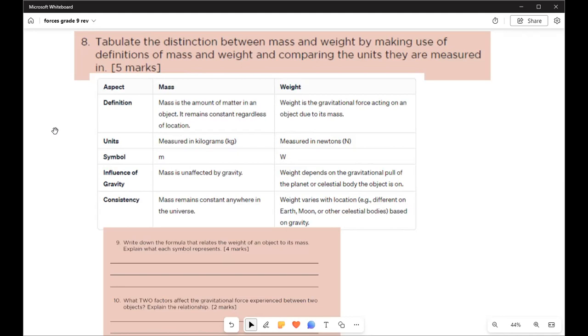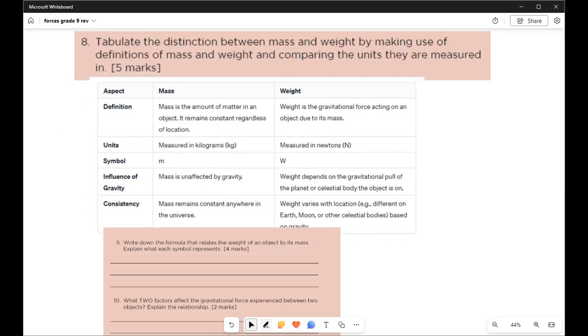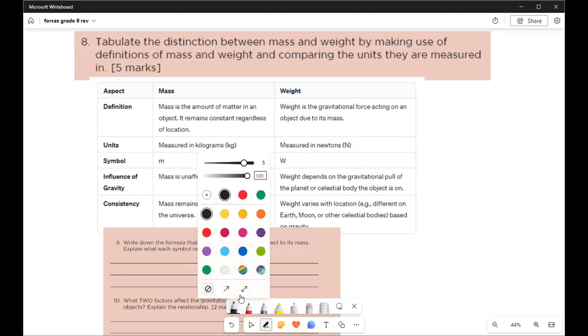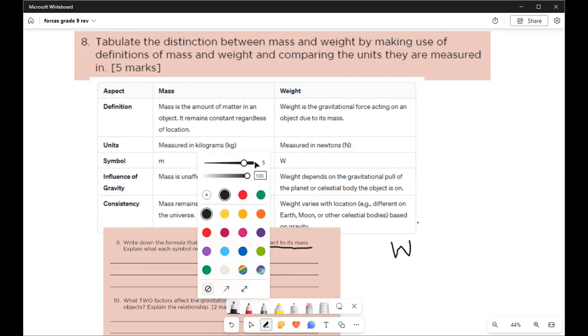And then now, number 9, they say write down the formula. You need to write down what? The formula. Okay, let me just get my pen first. They say we need to write down the formula that relates weight, which is capital letter W, to the object's mass. Okay, so this is pretty simple.